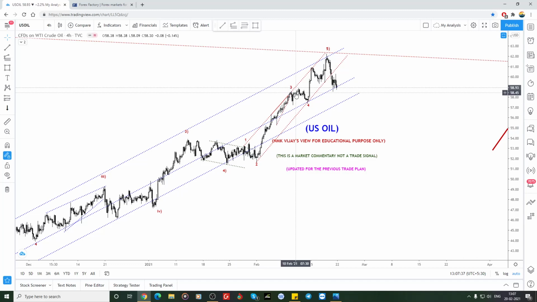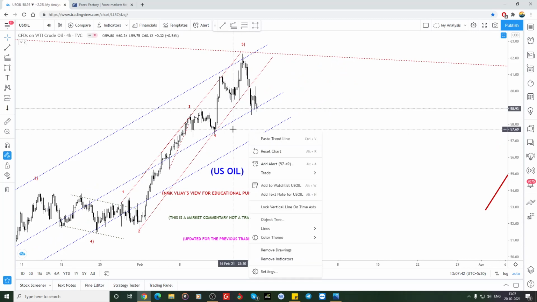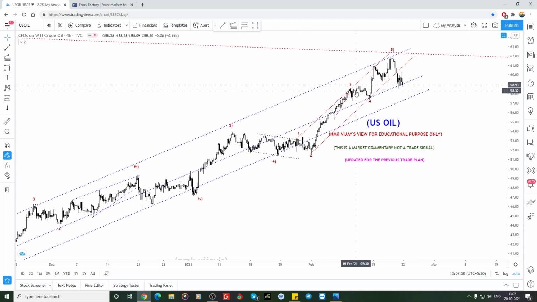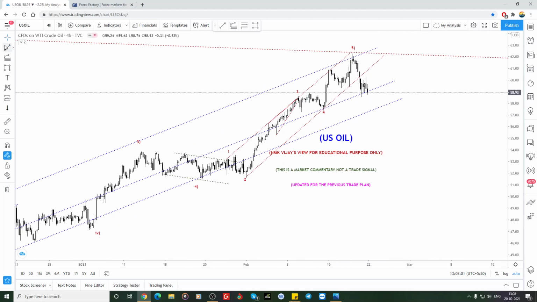So what I did is I shorted at 59.7. Yes, here, I shorted here at 59.7 and made a stop loss of 62.2.